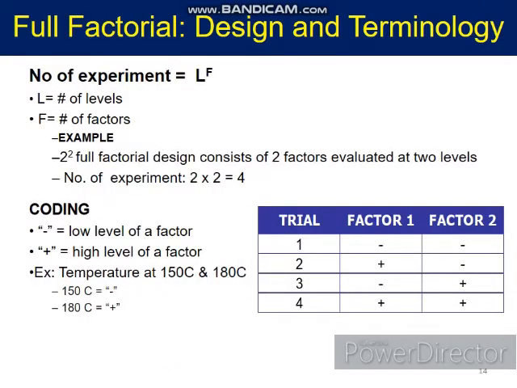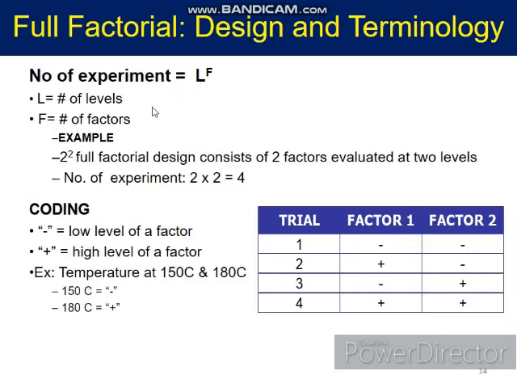Okay, let's look at the full factorial design and terminology. So we are focusing on full factorial design of experiment. In a full factorial design of experiment, you can calculate the number of experiments as L to the power of F, where L is levels and F is factors.